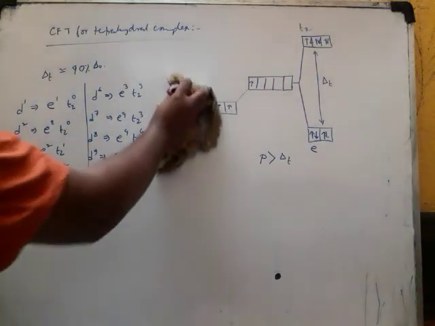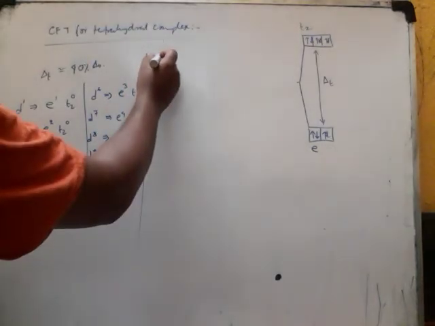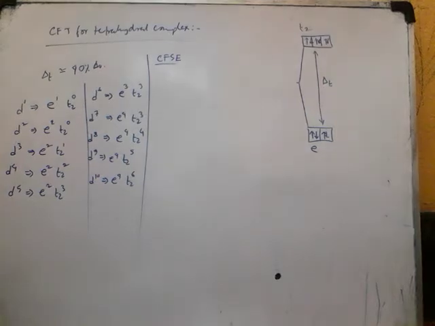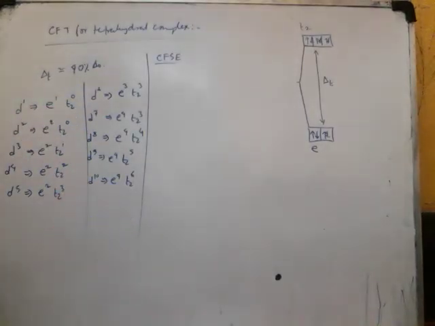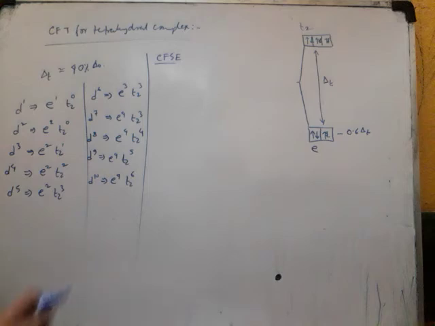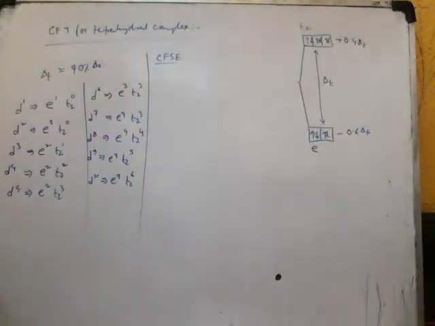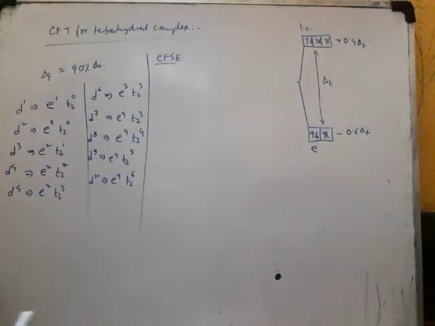Now we calculate CFSE for tetrahedral complexes. You must remember that each electron that comes to the E energy level loses 0.6 delta T amount of energy, and each electron that comes to a T2 set gains plus 0.4 delta T energy.